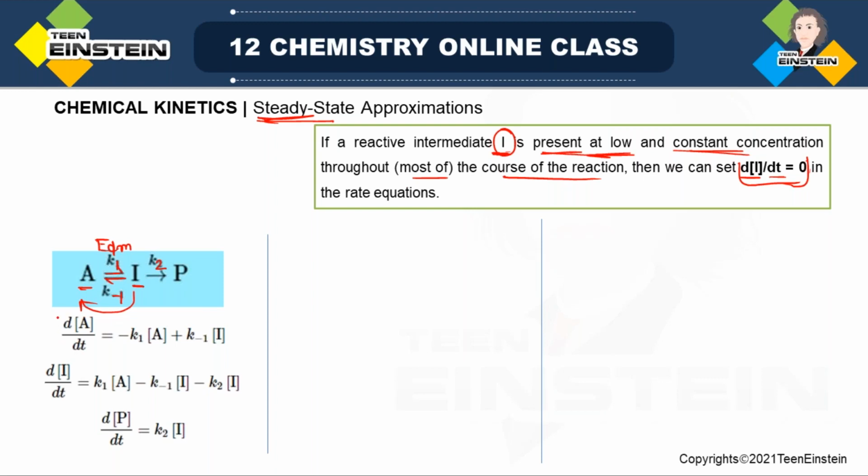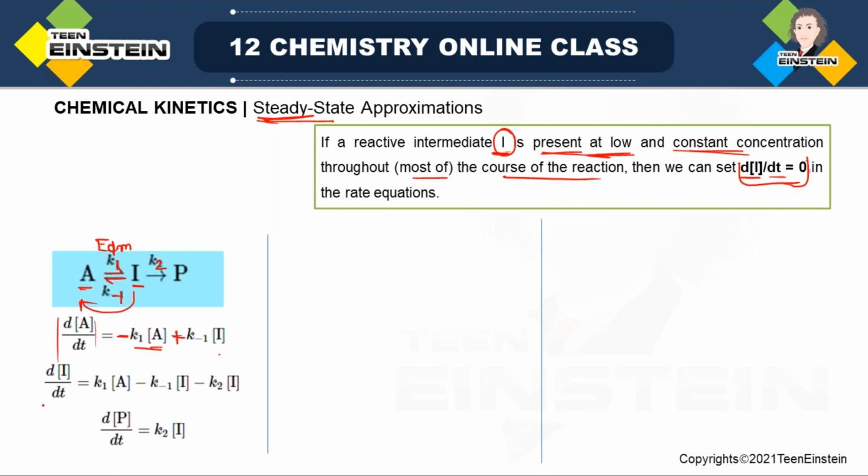Now dA/dt will be equal to minus K1A, because with rate constant K1, A is consumed, that means the amount of A decreases, so there is a negative sign. But in the reverse process, when I is again converted to A, the amount of A increases. So here we have a positive sign before K inverse 1 into I.